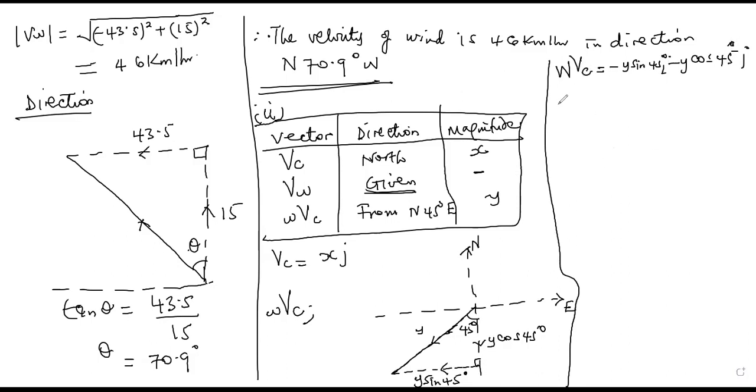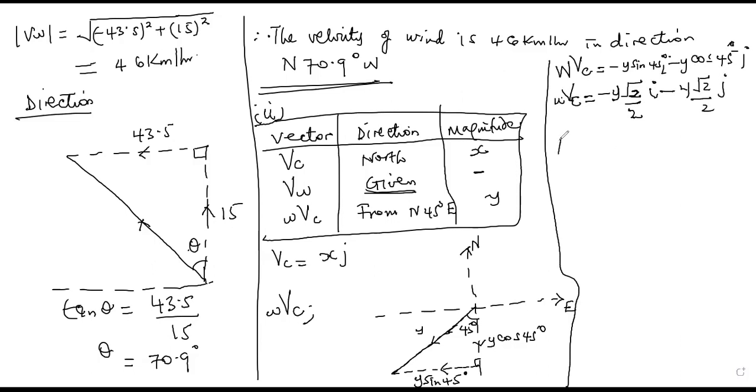Now, velocity of wind relative to the cyclist is the same as negative y. Sin 45 is root 2 over 2. So root 2 out of 2i. Even cos 45 is the same. So minus y root 2 out of 2j.